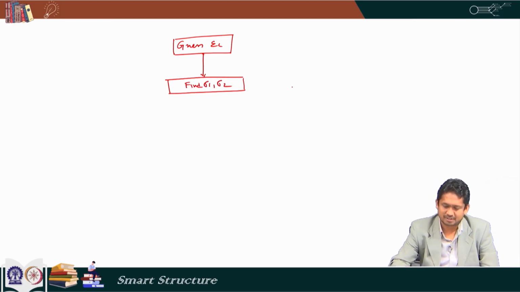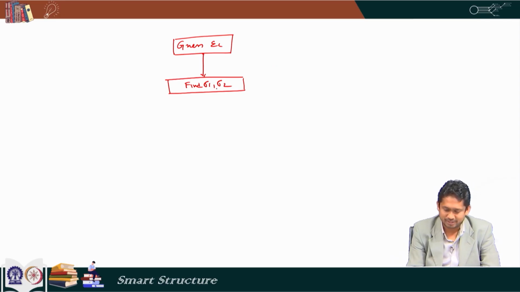In this case our epsilon p becomes the initial strain, and the final strain is epsilon 1, which is equal to epsilon p plus epsilon c for wire 1, and for wire 2 it is epsilon 2 equal to epsilon p minus epsilon c, and for both the wires our initial strain is epsilon p.